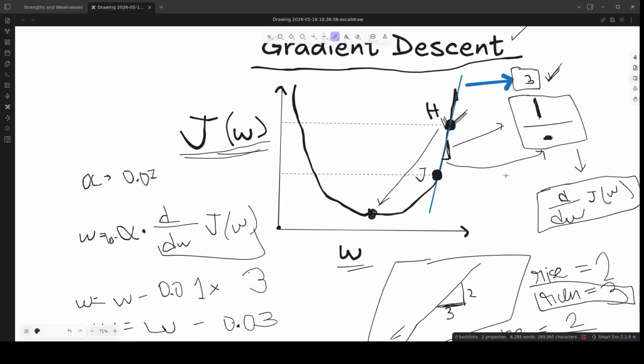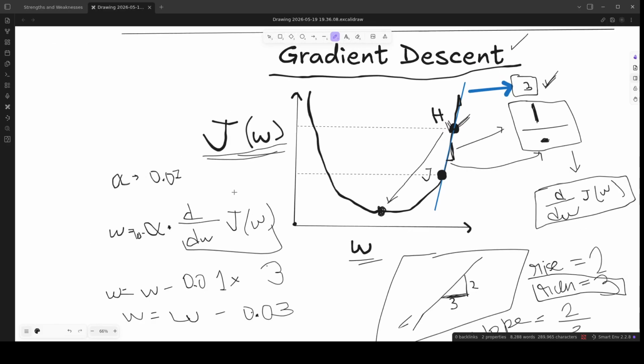Then, what we do in gradient descent is this equation right here. W is equal to W minus alpha, which is a small number.